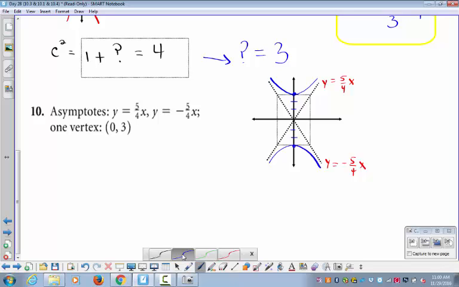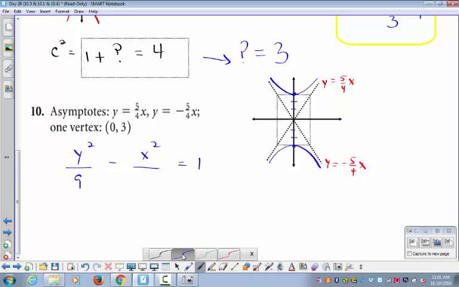So what comes first, y's or x's? Y's. So we know this much so far. Okay, for sure that. Now, what should go under the y's? 9. The distance from the center vertically is 3 to a vertex. So we square that to get the 9.